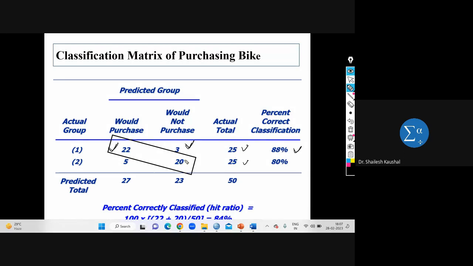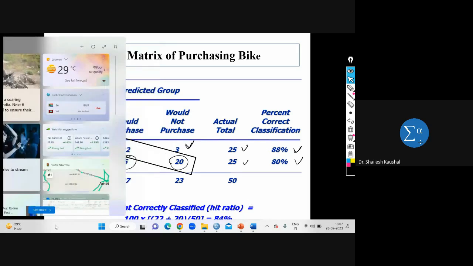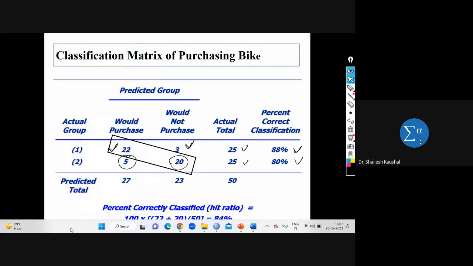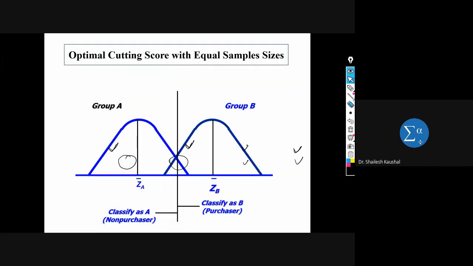Out of the 25, 20 are not buying the product, only 5 people are buying the product. So this model correctly classifies 80% of the non-purchasers, and the overall hit ratio is 84%. So this is the formula of the hit ratio to calculate, and the answer of this is, now you can see, 84%, the model is correctly specified.